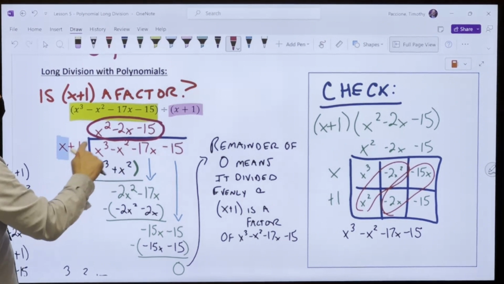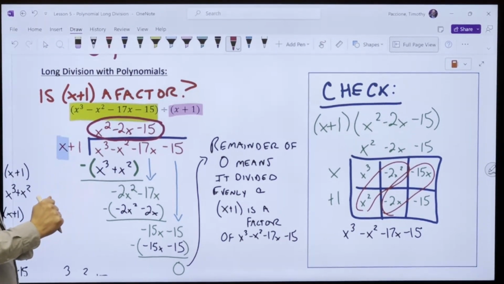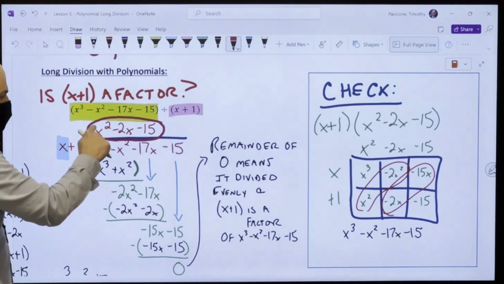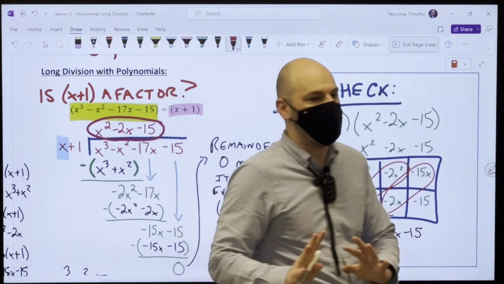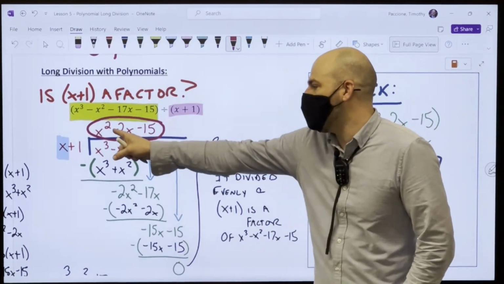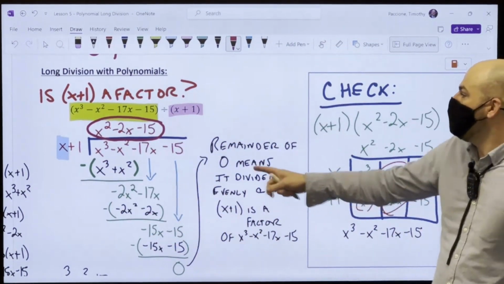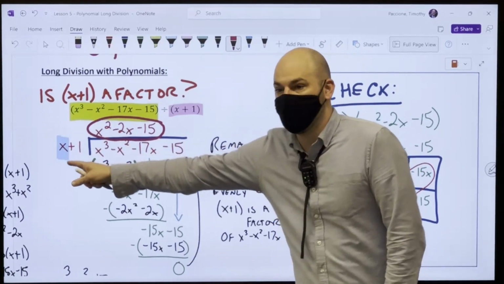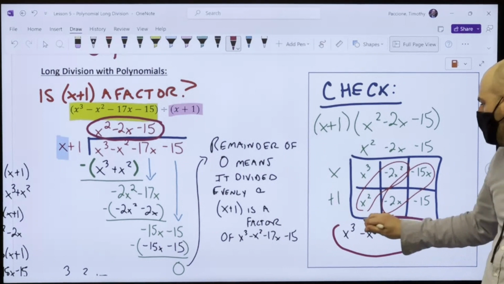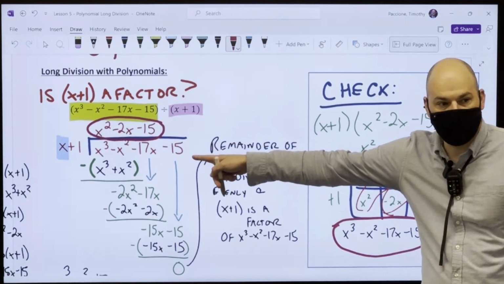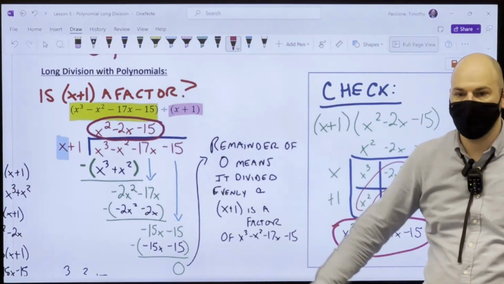Yeah, this divided by this is this, but what else does it tell me? That multiplied by that is that, right? And that's great because that means we can check our work. Every time we do long division and we get an answer, if we want to check our work, we multiply our answer by a divisor. And if we get back to the original, we did it right, right?